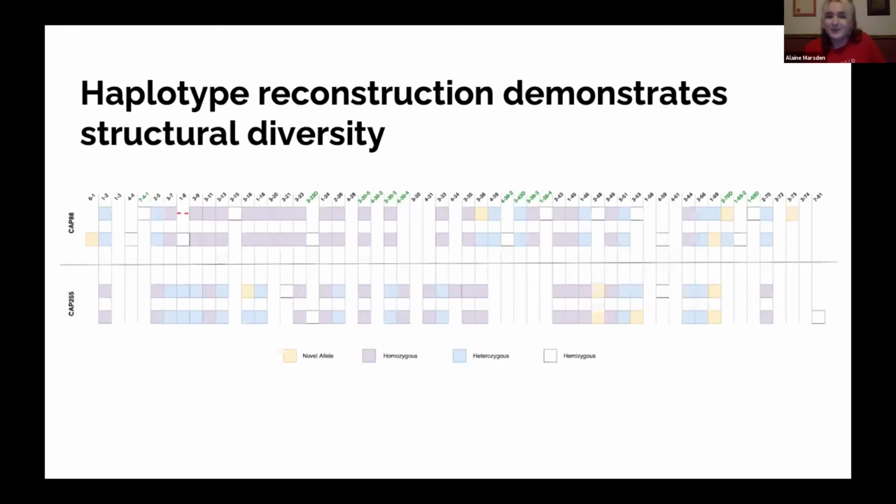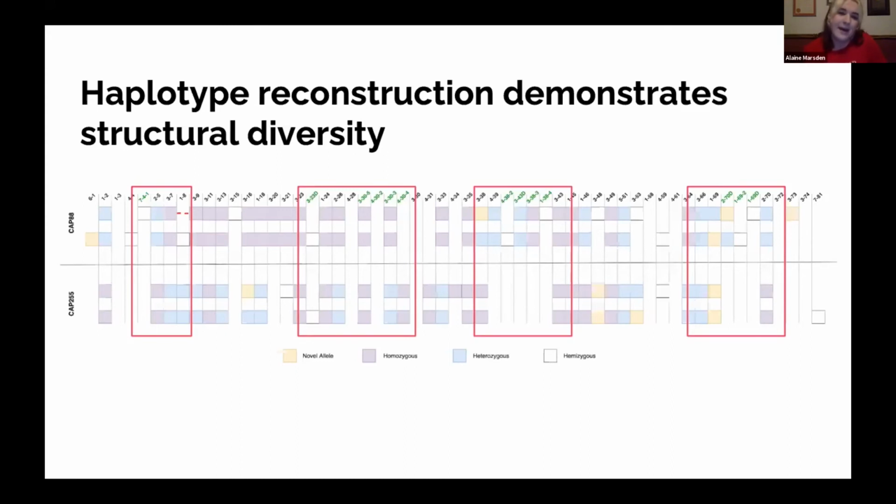And not only are there differences between the haplotypes of these individuals, there are also really, really large structural differences, which are indicated here in green and in red. And particularly on the right-hand side, there are these stretches of 3-4 genes that are inserted in CAP88, but actually aren't inserted at all in CAP255. There are gaps currently across the locus, and that's because this is a fairly early run of the technique. But even with patchy data, we were able to get a really comprehensive look at structural diversity across the loci of these individuals.